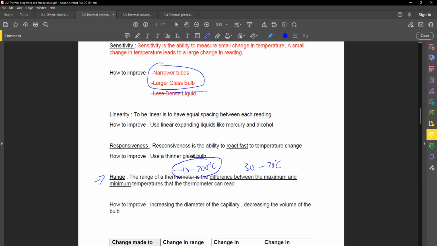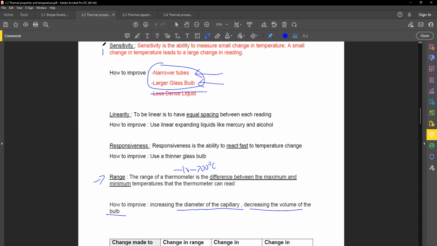Obviously, the distance from the minimum to maximum here is higher and here is lower. That's why this is a better range and this is a not so good range, right? So yeah, very important, guys. The range is basically the difference between the maximum and minimum temperature that the thermometer can read. How do we improve this? By increasing the diameter of the capillary tube, which is the exact opposite of this, or decreasing the volume of the bulb, which is yet again the exact opposite of this, guys.